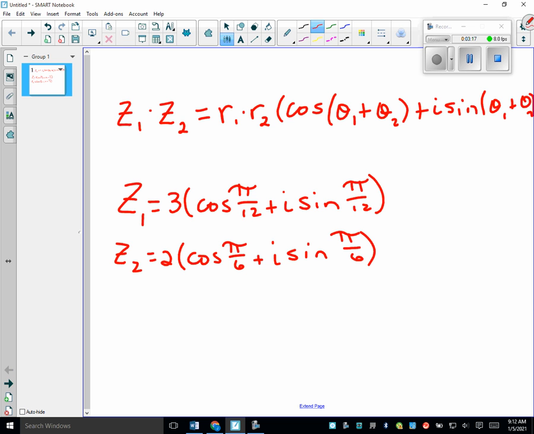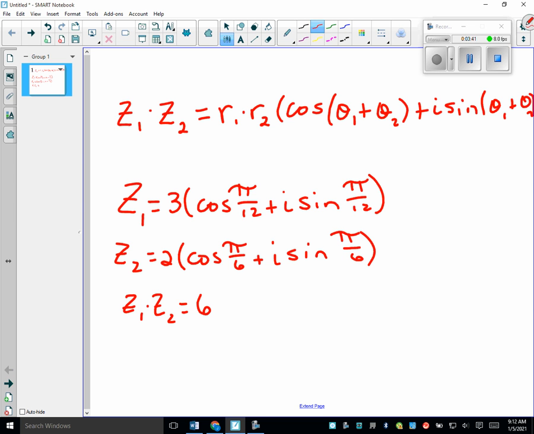We're going to multiply the numbers and leave our answer in polar form. So what do I do with the r's? Which gives me 6. So z1 times z2 is equal to 6. Multiply the 3 and 2.